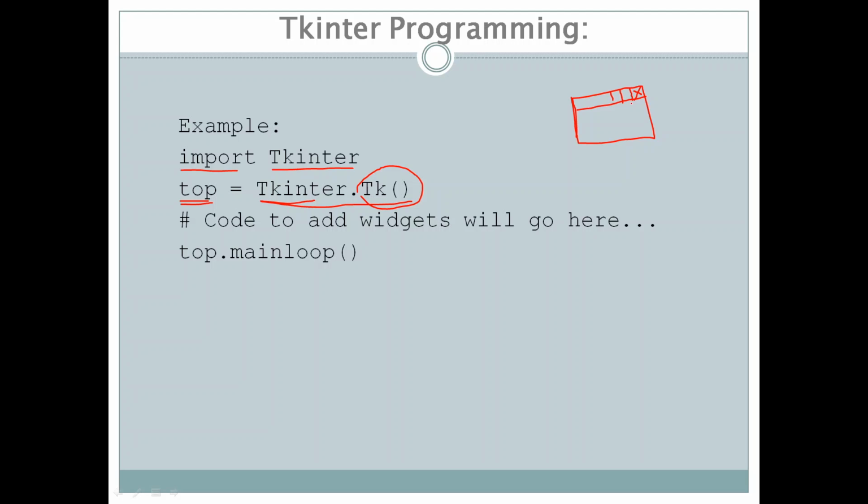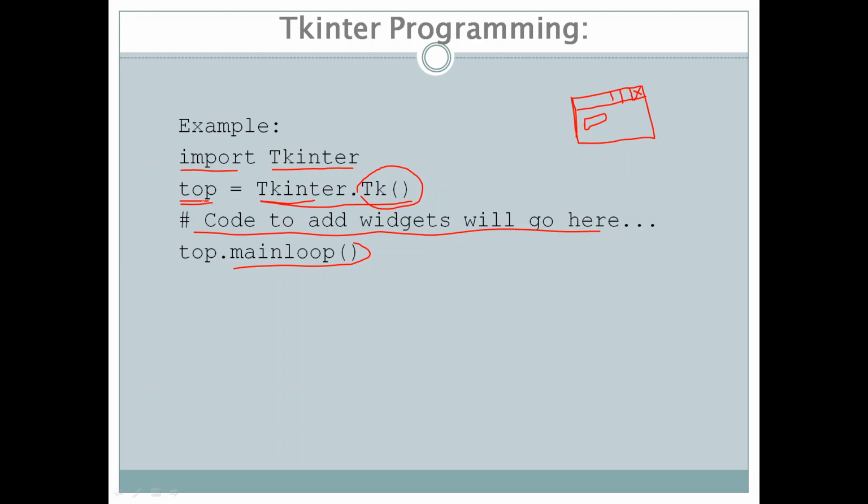Once you have the top level window, you can add any number of components here. You can add any number of buttons, labels, anything you want. So that code goes here. You need to add code to add the components or widgets. And then you need to enter the main loop: top.mainloop().